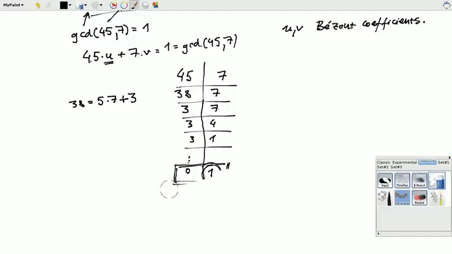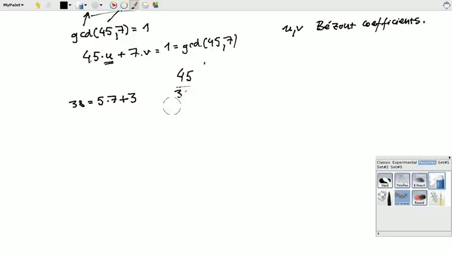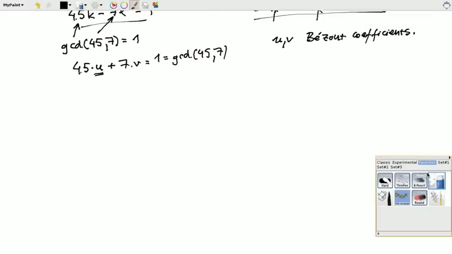Okay, so how could we extend the Euclidean algorithm to also give us the Bézout coefficients? We can write it like this. 45 is equal to 45 times 1 plus 7 times 0. And 7 is equal to 45 times 0 plus 7 times 1.